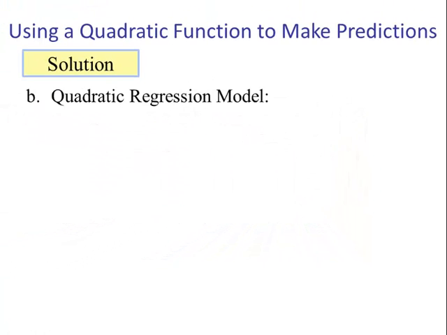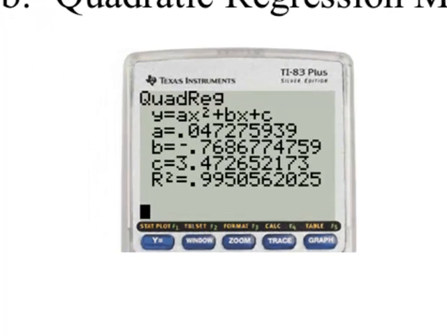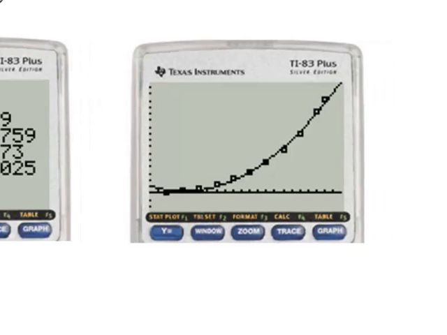Let's do the quadratic. For the quadratic, R square is very high, 0.995. So again, the closer that we get to 1, the better. This is very close to 1. Visually, we can see that the quadratic is doing a lot better job than the linear modeling the data pattern.